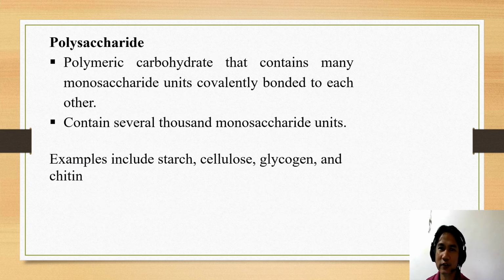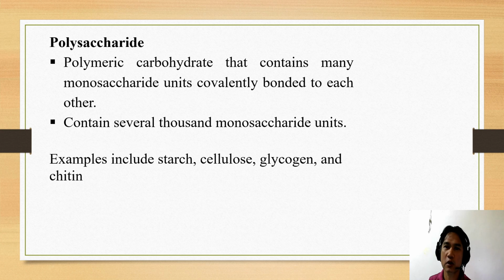Now the next classification, which is the largest, the heaviest, since we are talking about molecular size, is the polysaccharide. Poly means many, saccharide means sugar units. So many sugar units that are connected, that are linked to one another.